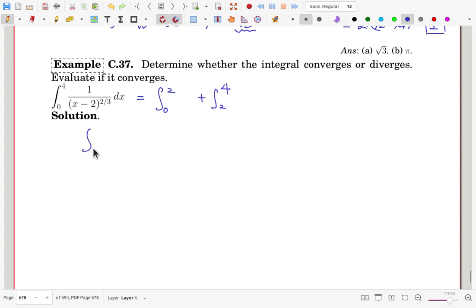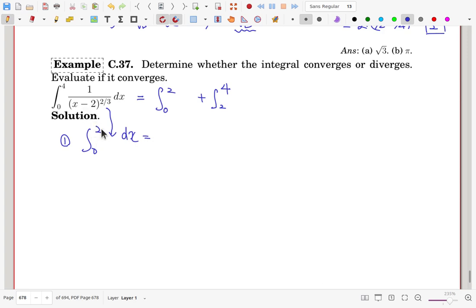Now from 0 to 2, there's the number 1 case. That is 1 over the integrand, dx.